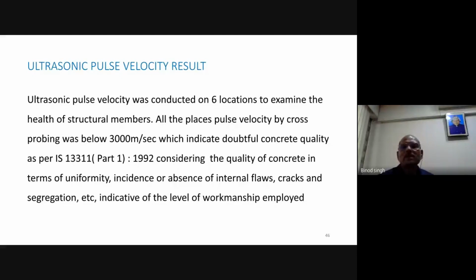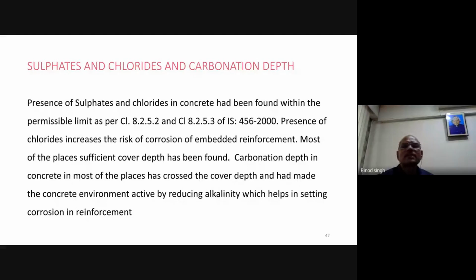And we did the sulfate, chloride and carbonation depth tests. I think the sulfate and chloride were within the permissible limit as per IS 456. We also checked the carbonation depth. Wherever we extracted the core, in that hole we sprayed the phenolphthalein indicator and checked the depth of carbonation.